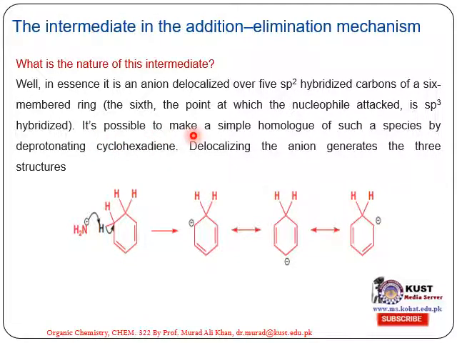It is possible to make a simple homologue of such a species by deprotonating cyclohexadiene. Delocalizing the anion generates the 3 structures. We can delocalize this anion into different positions, from here to here, the para position, and from this para to this meta position, and we can get 3 different structures.